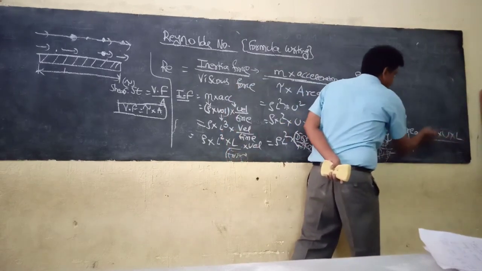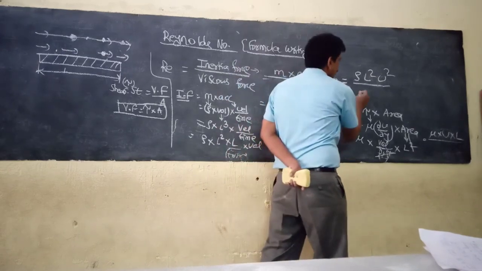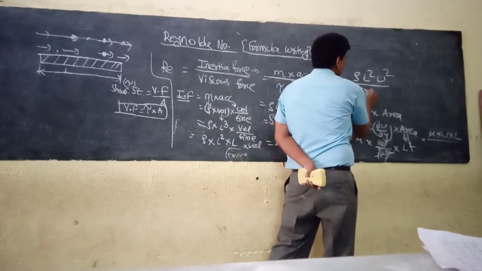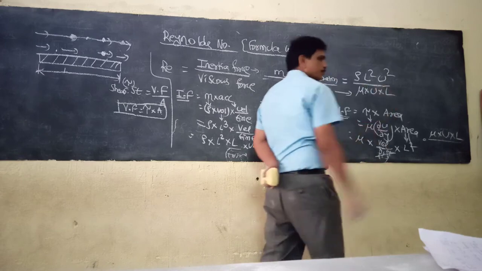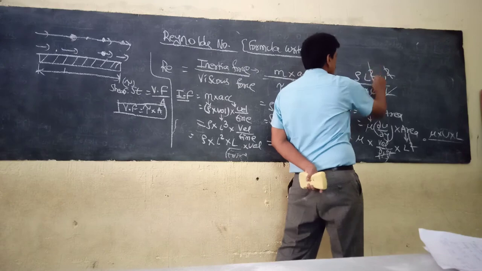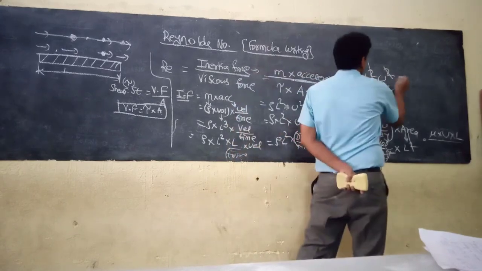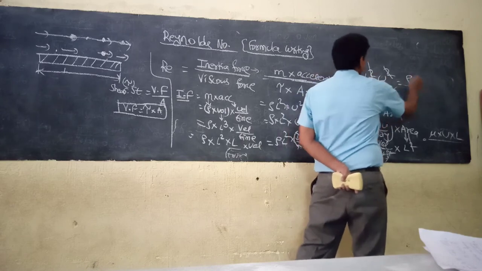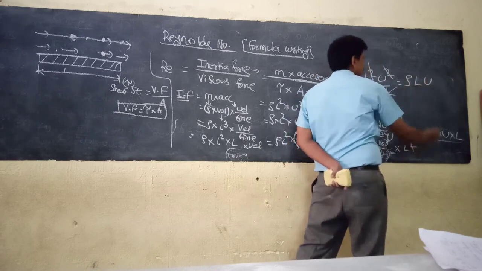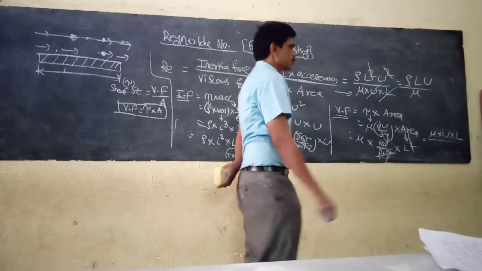Therefore, viscous force becomes mu into u into L. So in the denominator, the viscous force is mu into u into L. One u in the denominator and one u in the numerator will get cancelled, and one L likewise. Then rho into one L is left in the numerator, one u is left in the numerator, and in the denominator only mu is left.